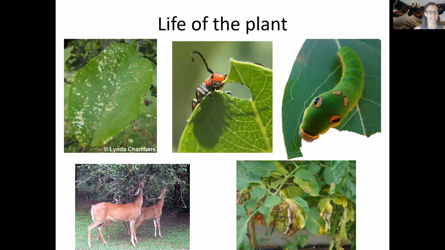So the life of a plant, and again, focusing on plants, but this is true of animals as well, is that you are constantly under attack, whether that's from herbivores like insects, other invertebrates, vertebrates, whether it is from fungal attack, other pathogen attack. You are constantly susceptible to being eaten.